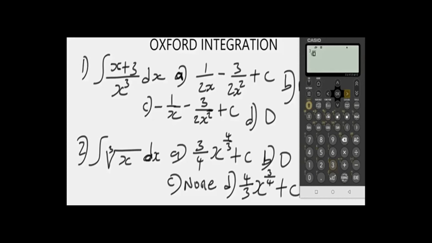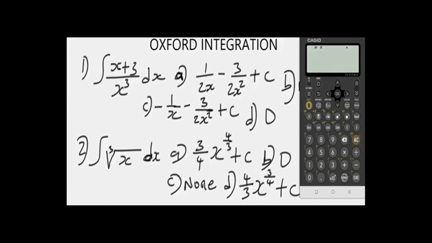Okay, come inside under the root symbol, input x, shift and this button. So that's what we have there, right? That is just a function, that's what it stands for there. So let's execute. We have 1.25. Right now I'm going to differentiate the options. Any one that gives us 1.25 will be the answer.